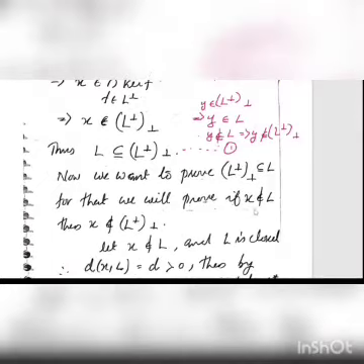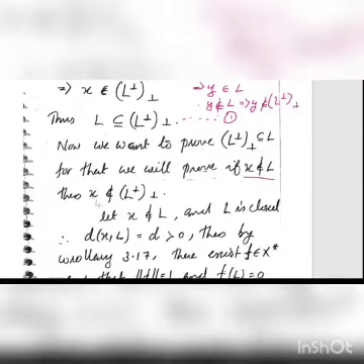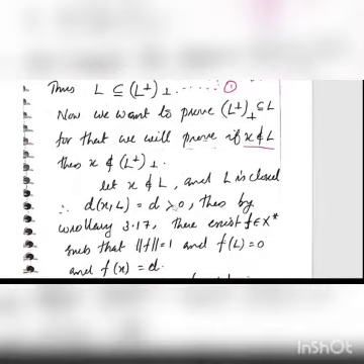For that, what we will prove is if x does not belong to L, then x does not belong to the dual annihilator of the annihilator. So let x not belong to L. Then L is closed, so we will have the distance between x and L always greater than 0. Then we can make use of your corollary 3.1.7.